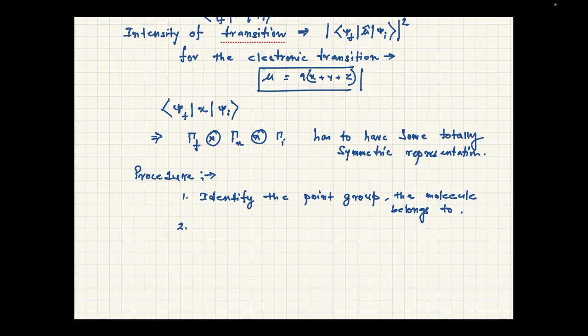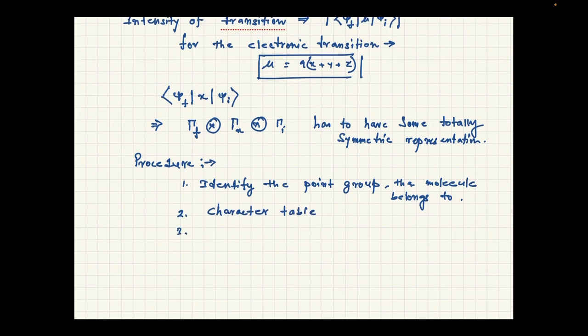Then you have to write down the character table. Third, you have to choose which particular irreducible representation each eigenfunction will act as a basis for.